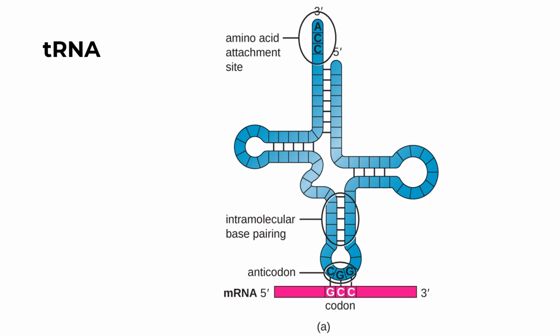A specific amino acid is loaded on each tRNA before it enters the ribosome. Once at the ribosome, alignment of the codon and anticodon allows for the insertion of that amino acid into the growing polypeptide chain. Here's our amino acid attachment site, and here is our anticodon.